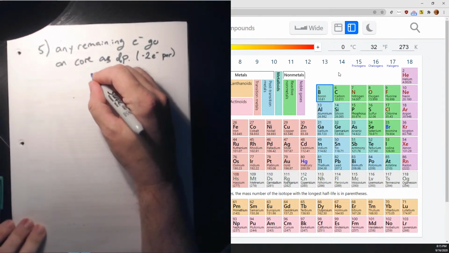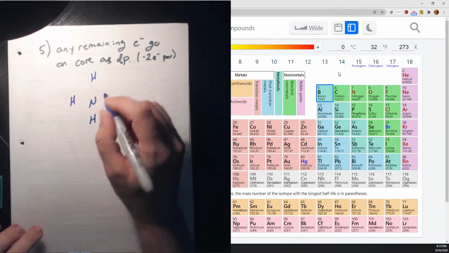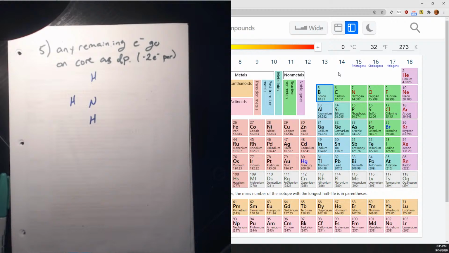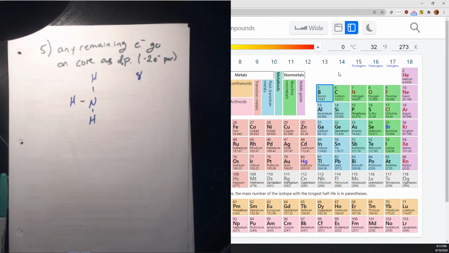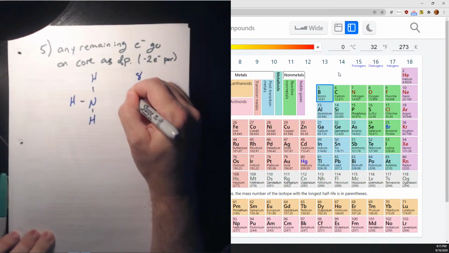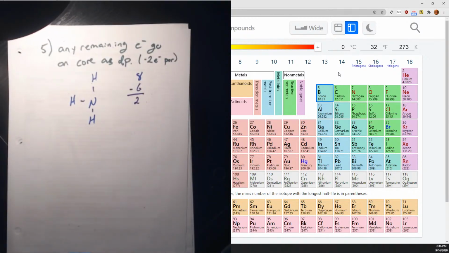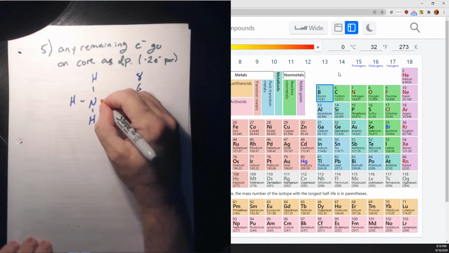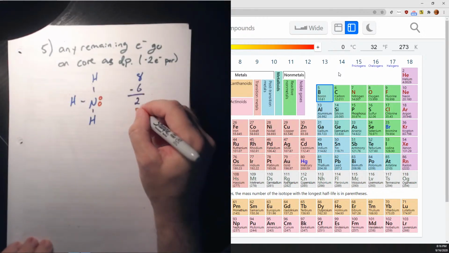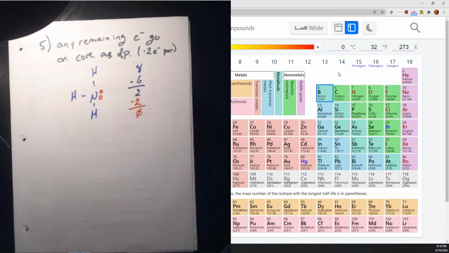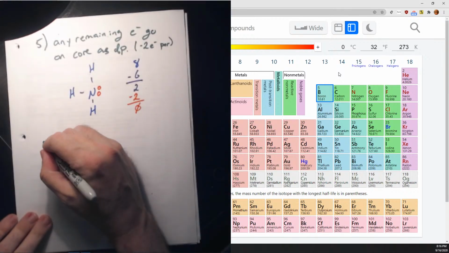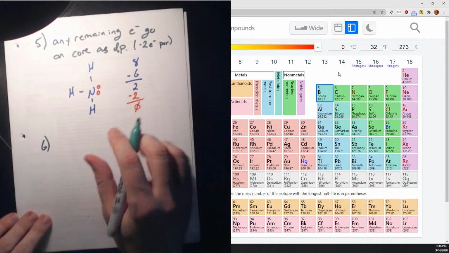So we have nitrogen, our hydrogens around it, and then we have our 3 bonds. We started with 8 electrons. We used up 6 of those electrons for our bonds, leaving us with 2. Now we're going to throw those electrons onto nitrogen as a lone pair. So that uses up those 2 electrons, leaving us with 0. So now step 6. Step 6, we check on the octet of the core atom.